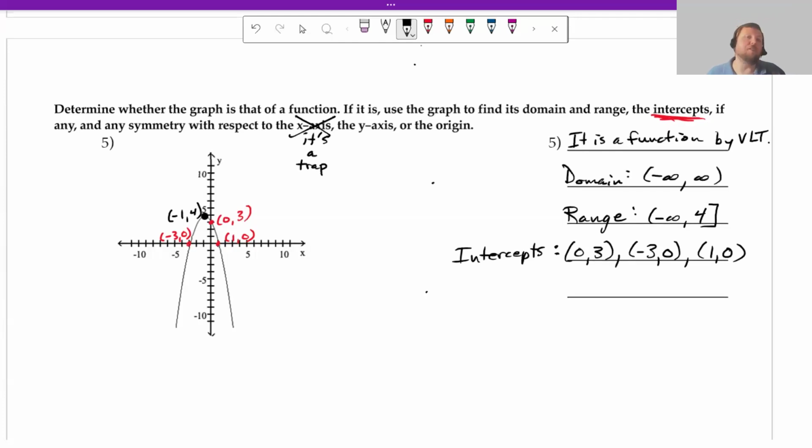If you said it was a function, but then you said it had x-axis symmetry, you have created a paradox. So your only possible answers for symmetry for a function that you have declared are either y-axis or the origin. It does not have y-axis symmetry, because if I fold that along the y-axis, it doesn't overlap itself. It doesn't have origin symmetry, because if I rotate that thing around 180 degrees, it is not going to look like itself again. So no symmetry.